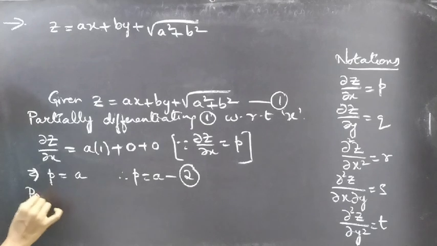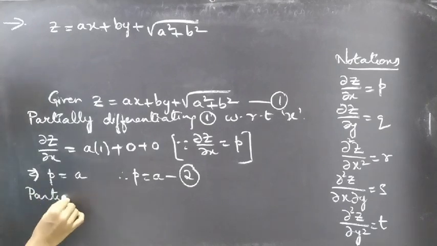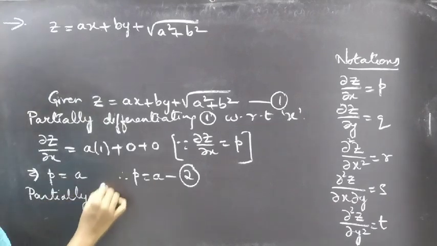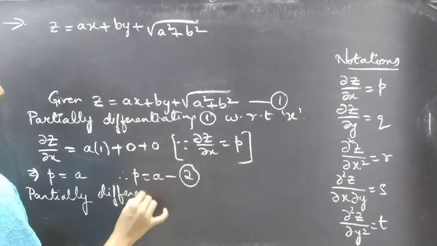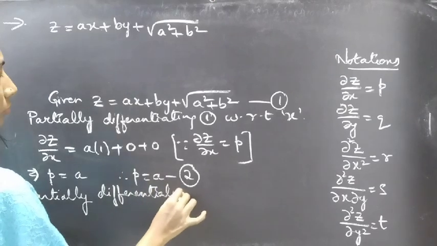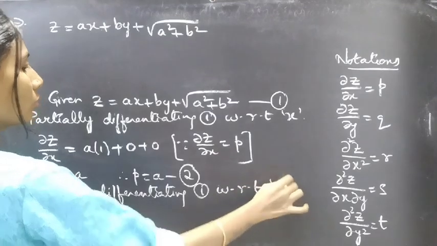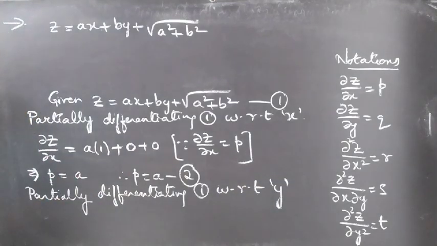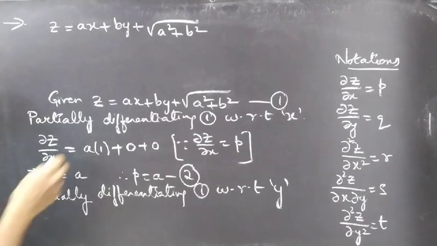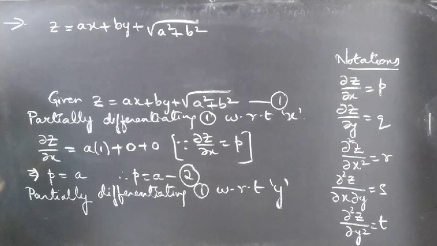Now partially differentiating 1 with respect to y, right? Since we are partially differentiating with respect to y, we will treat x as constant. So ax will be constant and z is a function of x and y.